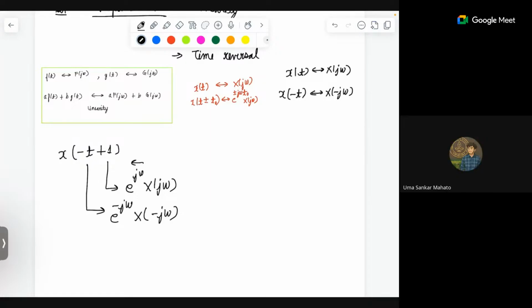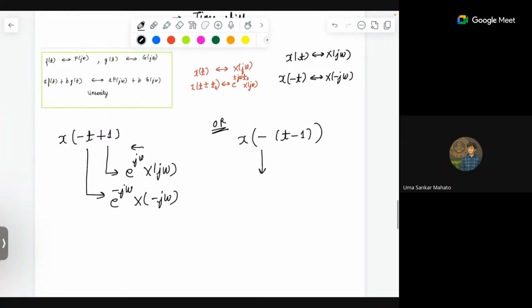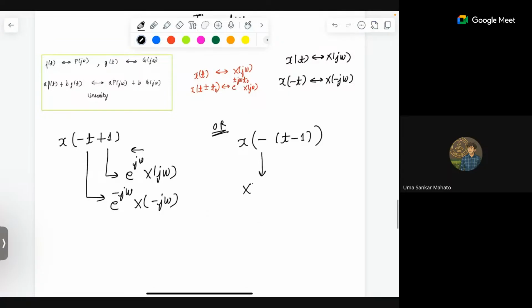All right, we can do it the other way also. Here I did shifting first. What if I do scaling first? If I do scaling first, I will just take this minus sign common so that my shifting number is divided by scaling number. So now I will do reversal first. So it will be X of minus j omega.